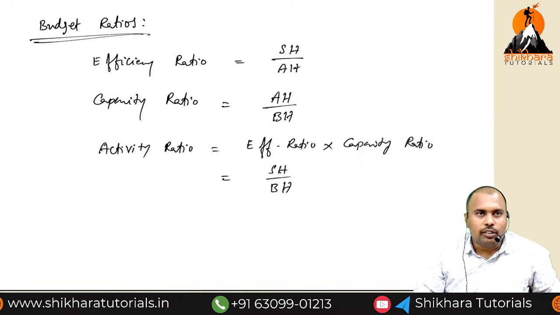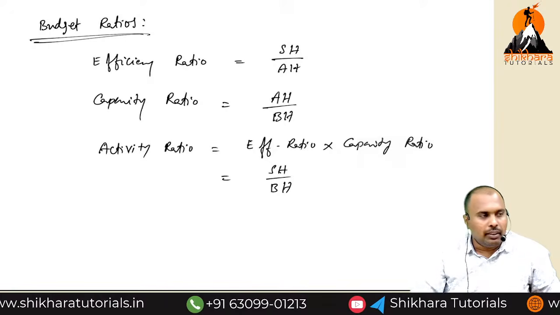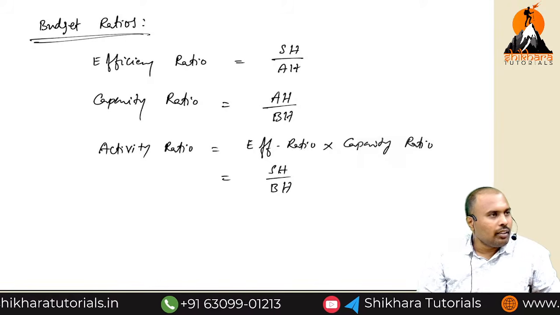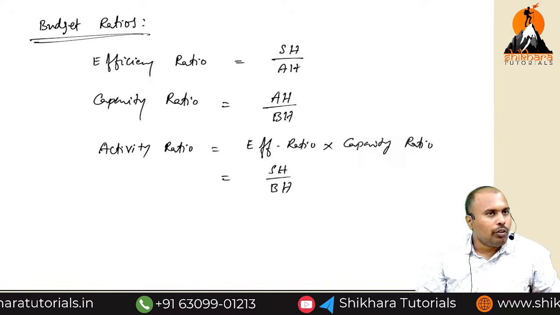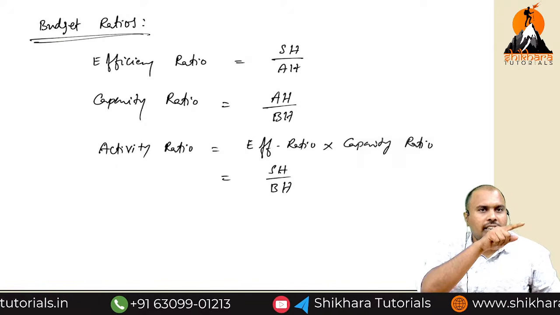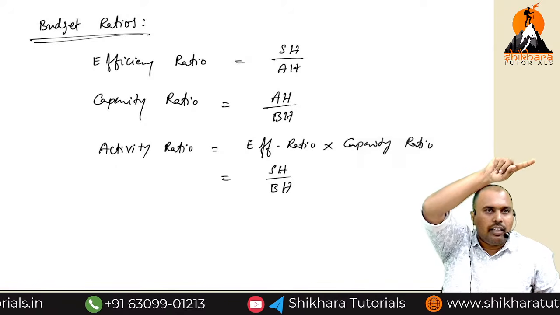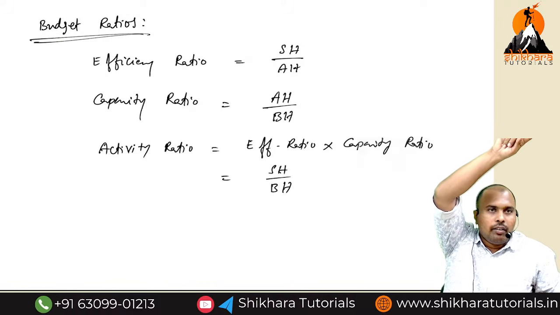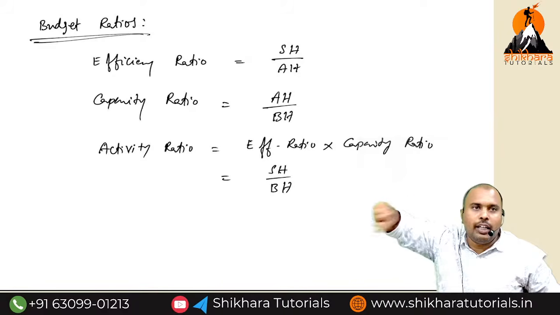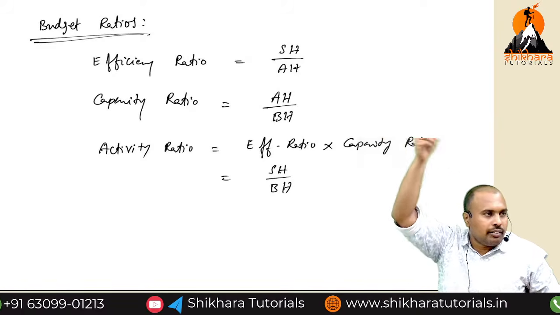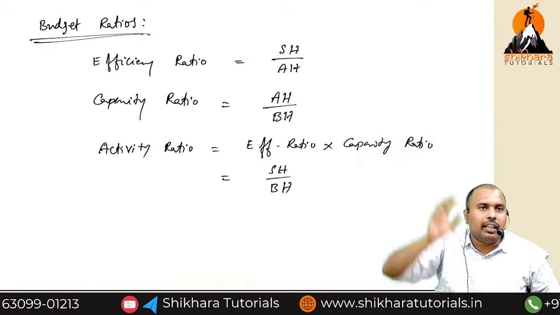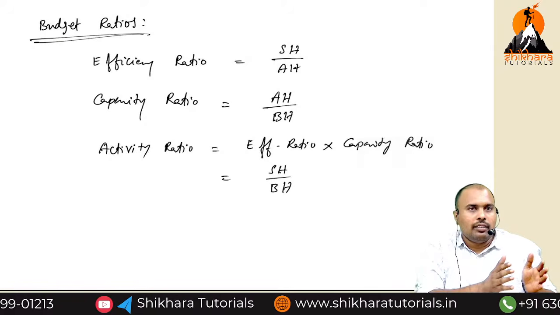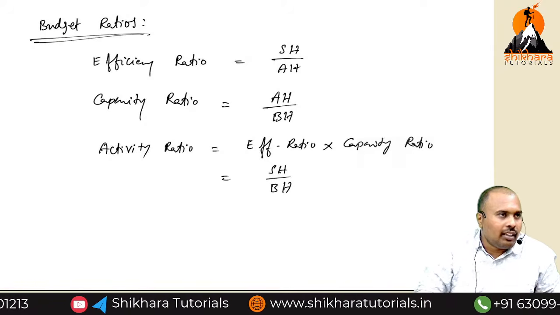Clear with this? So variance formulas apply in budget ratios. Fixed overhead variances: efficiency, SH minus AH. Capacity, AH minus BH. Activity, how much of the work? SOH minus BOH. Remember, but in the question they are going to give only R's. Then anyhow the standard rate gets cancelled.